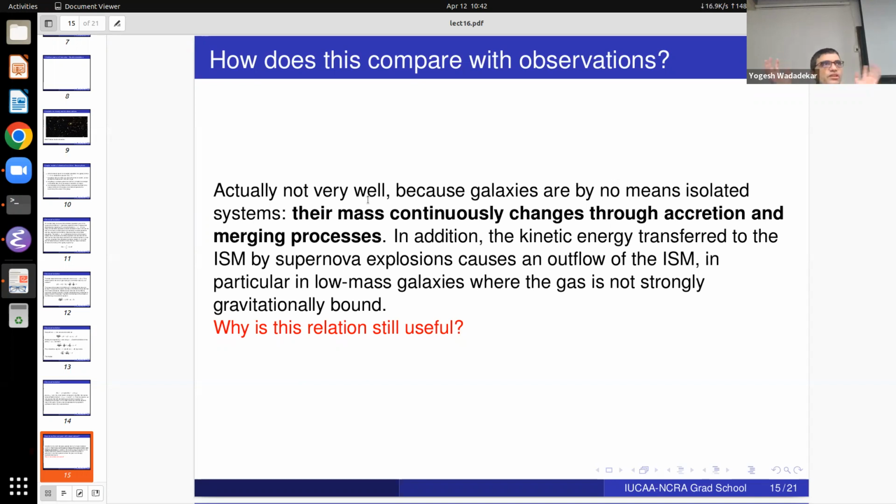So it loses gas. Nevertheless, this relation is still useful. Why is it useful? See, whatever the star formation rate, star formation history, etc., is all encapsulated there. But why is the closed box model prediction of the metallicity evolution still useful?